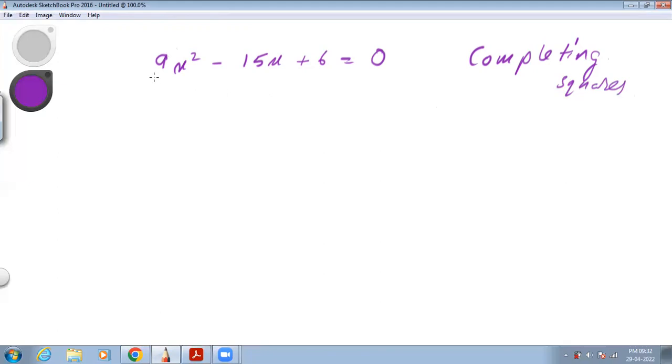See, in this case, since there is 9 here, and 9 is a perfect square, you can convert it as 3x whole square like this. But it's not possible always actually.